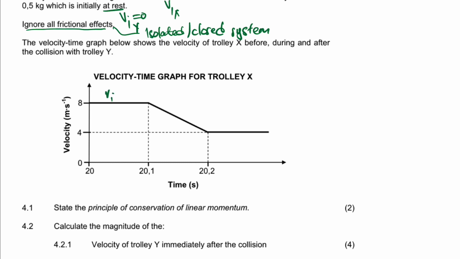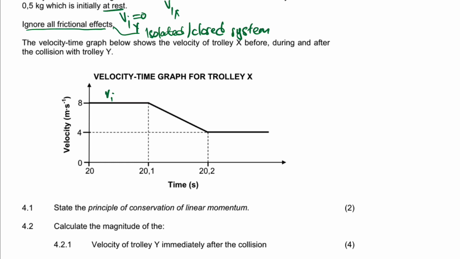It was moving at constant velocity before collision until 20.1 seconds, and here this is during collision. This is the time of collision, from 20.1 seconds to 20.2 seconds. This is the contact time, the time they were in contact, trolley X and trolley Y.